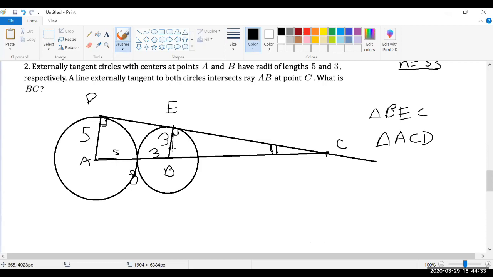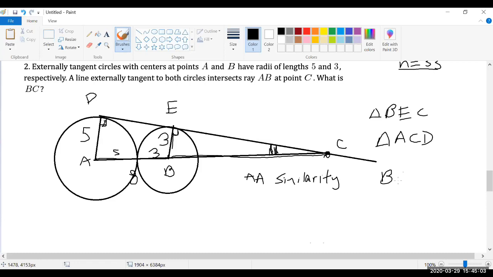These two skinny triangles, they both have right angles and they both share this angle C. So what does that mean? Well, we have angle-angle similarity here, which means that these two triangles are similar, so their side lengths are also proportional. Now we're looking for side length BC, right? This length right here.